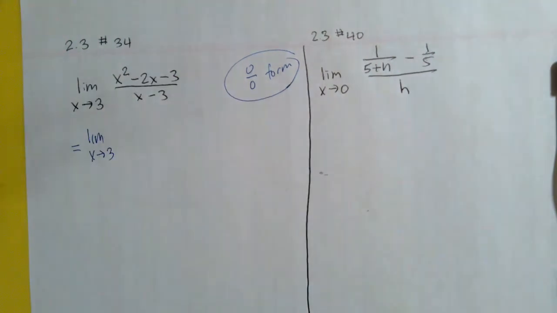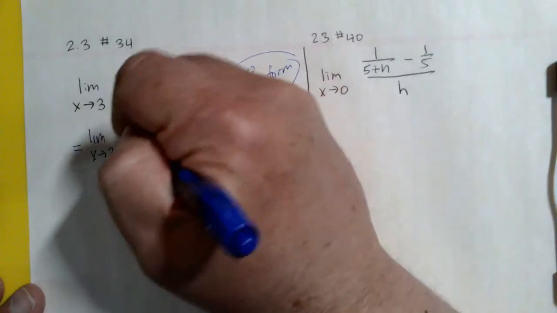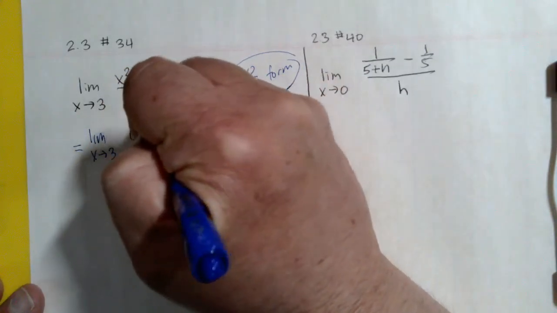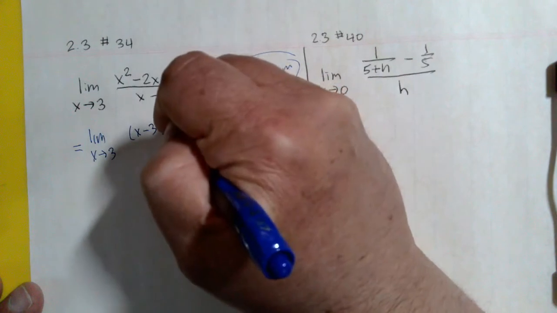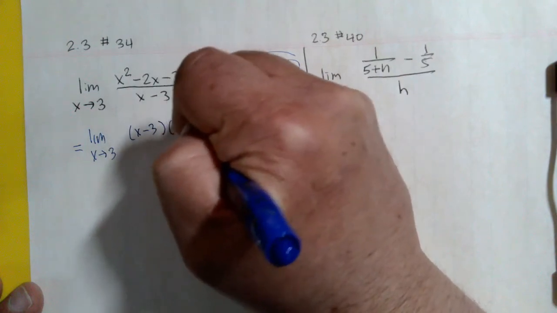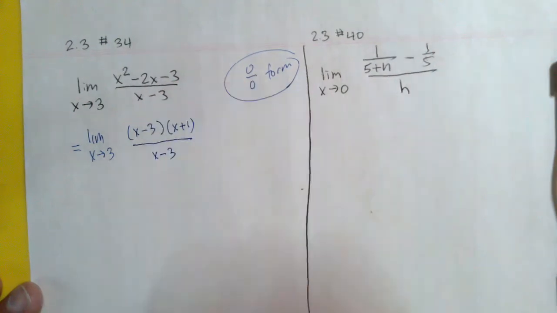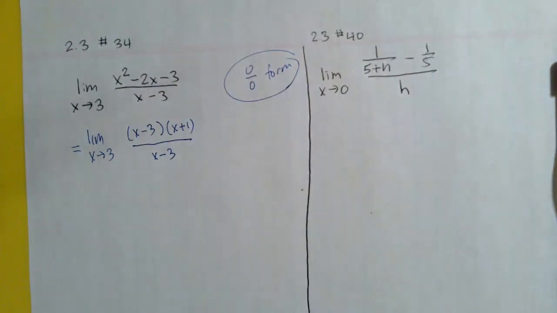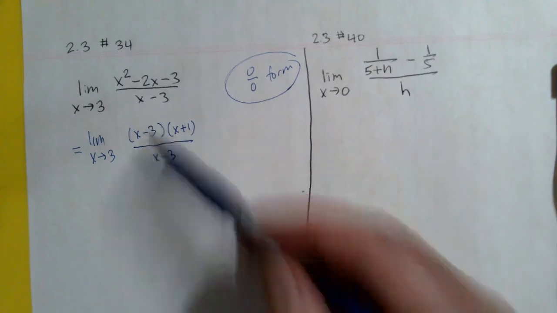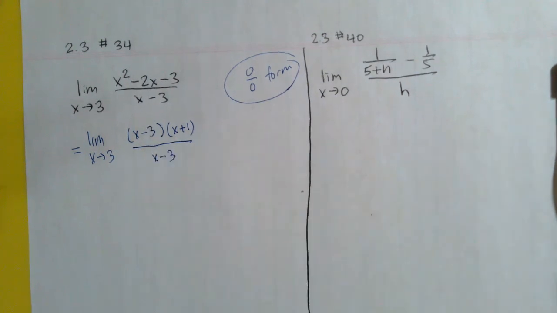So we have x squared minus 2x minus 3. That's going to factor as (x minus 3) times (x plus 1). We still have that x minus 3 in the denominator. Now notice we have a common factor, x minus 3 and x minus 3. That's really no coincidence.